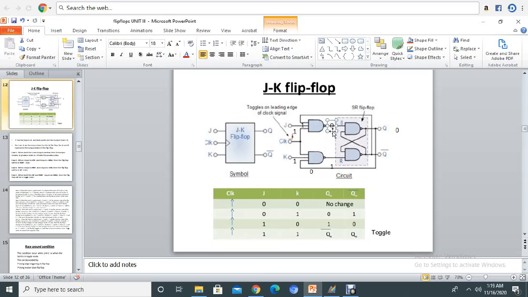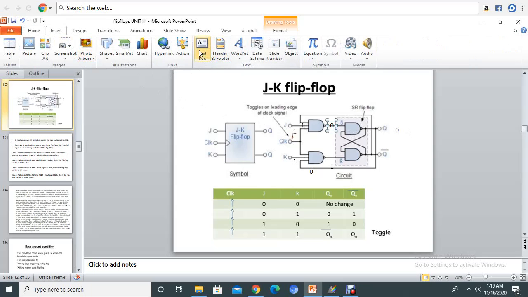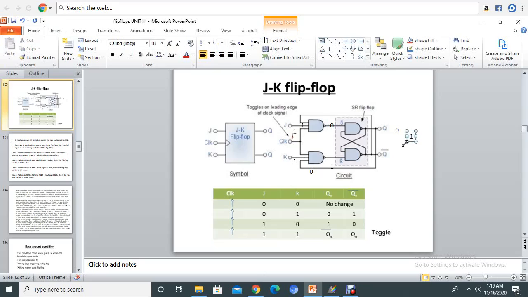Now one of the inputs is 0, so the output becomes 1. Zero will be changed to 1.